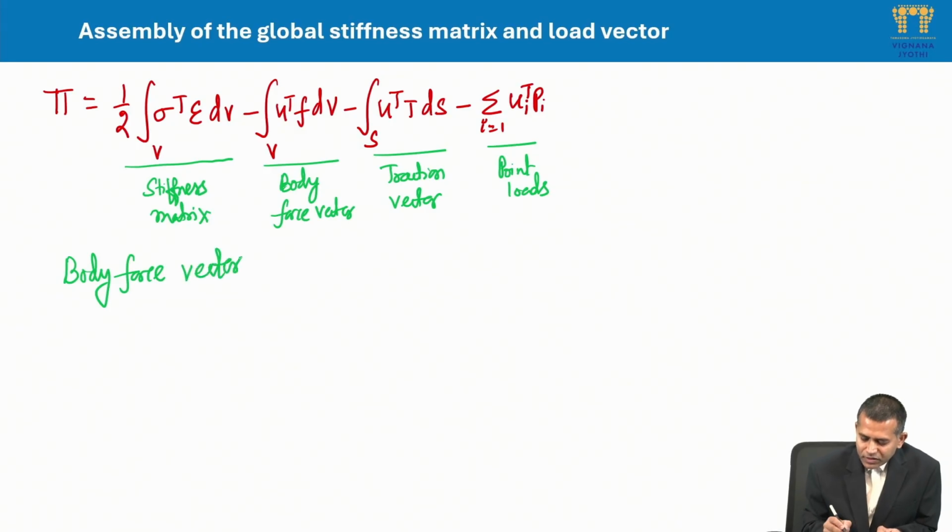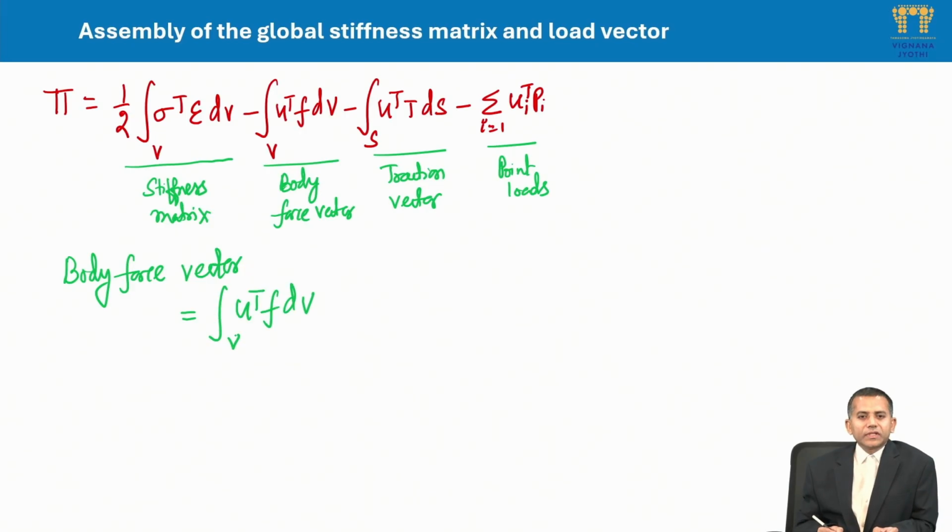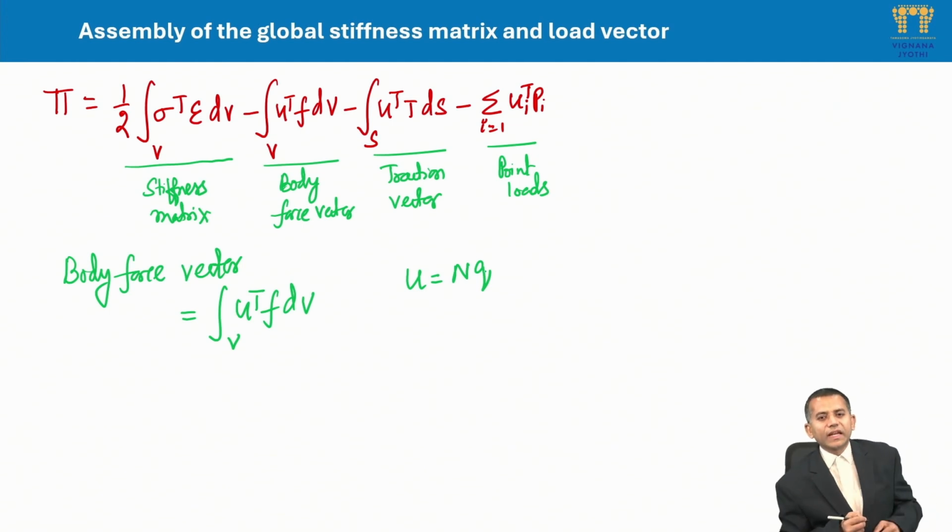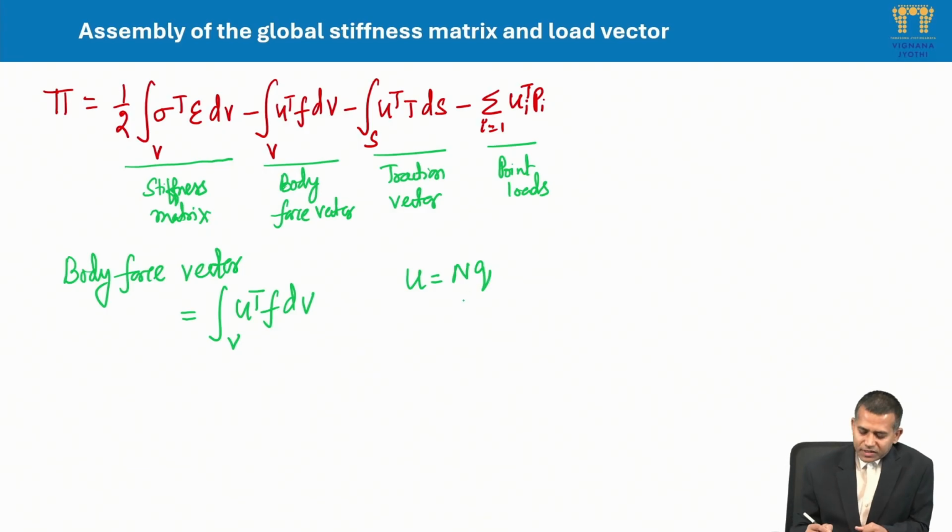Body force vector. This body force vector is nothing but your u transpose into f dV volume integral, right? You know what this u is. U is nothing but Nq, where N is the shape function matrix and q is your displacement matrix, right?